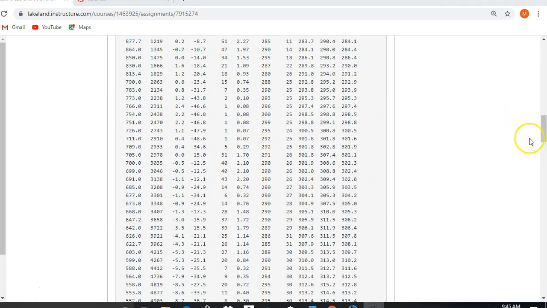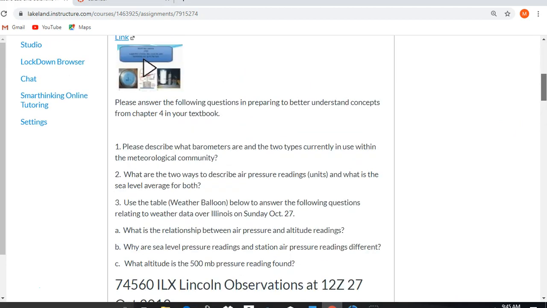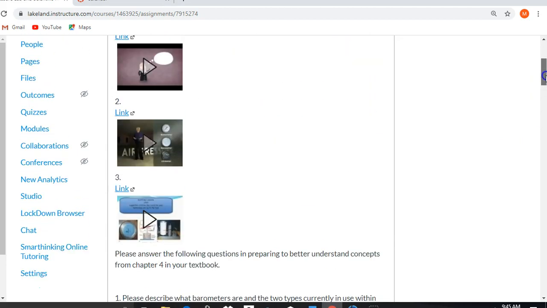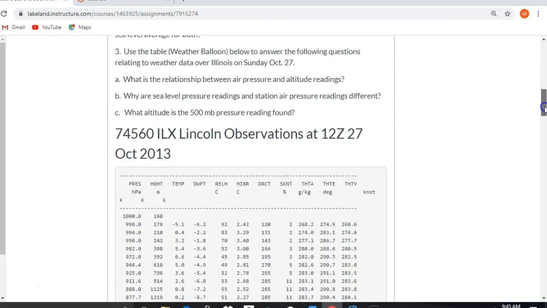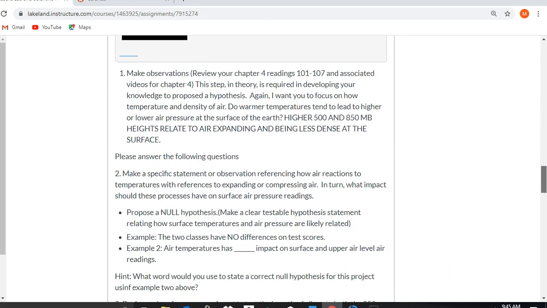When you're looking at these air pressure surfaces, what we're specifically trying to understand in question 4 is, would you expect the 500 millibar or the 850 millibar heights to be higher or lower, understanding that it is obviously much cooler in Lincoln, Illinois, and much warmer in Key West? What will that warmth cause the 500 and 850 millibar heights to do in Key West? So that's the first part of the assignment.